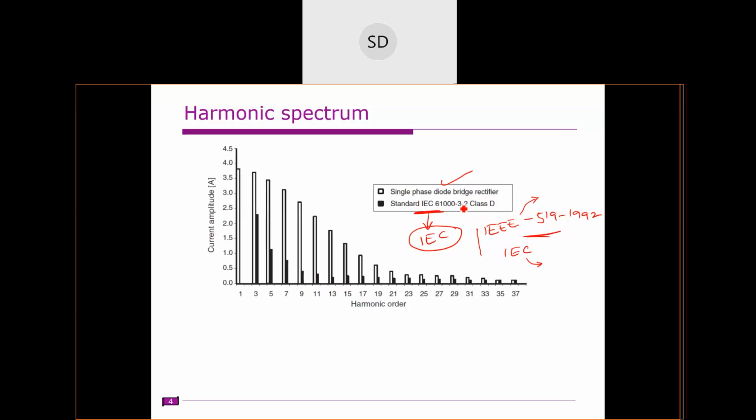This is according to the IEC recommended values. What should be the value? This is for the third order harmonic, right? This is the recommended value, but it is exceeding it, in all cases much exceeding. Whenever some new product is launched, it must be approved by the IEC, especially in the European Union.